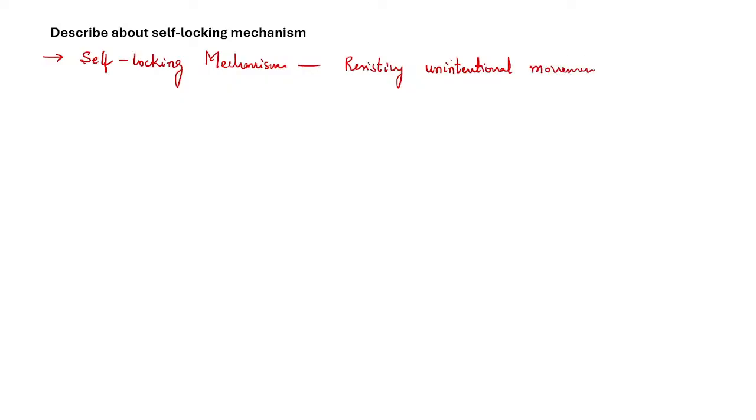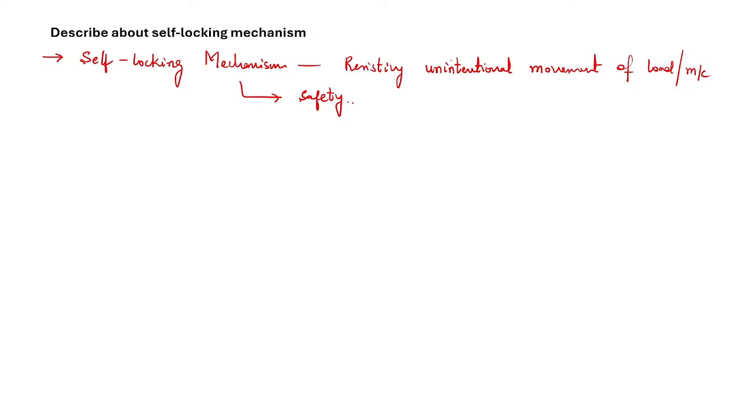Describe the self-locking mechanism. Self-locking mechanism is a kind of mechanism that resists unintentional movement of load or machine. This is more or less concerned with safety.